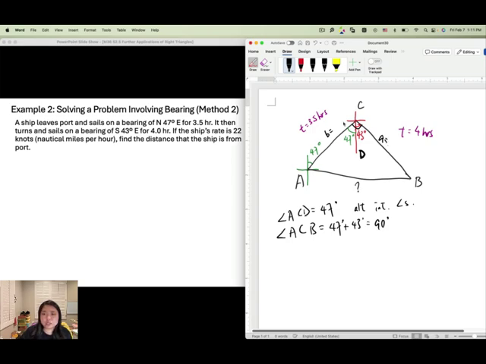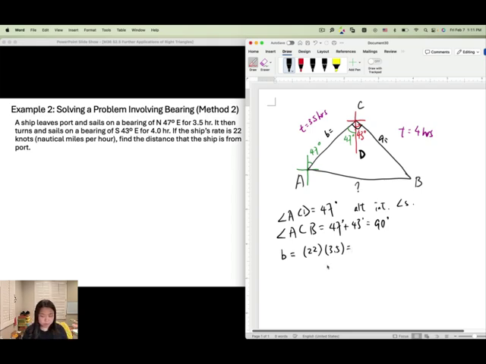The B, the distance here, they only give you the hours, 3.5 hours, right? But they also give the ship's speed, which is 22 knots. So the distance B would be equal to the speed, 22 knots, times 3.5 hours.